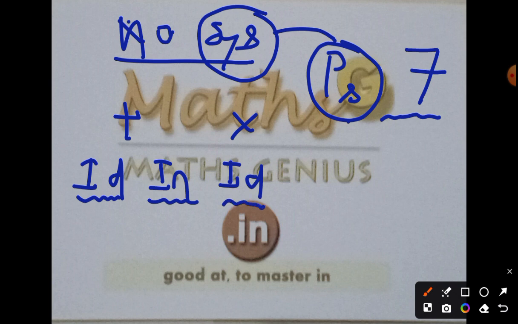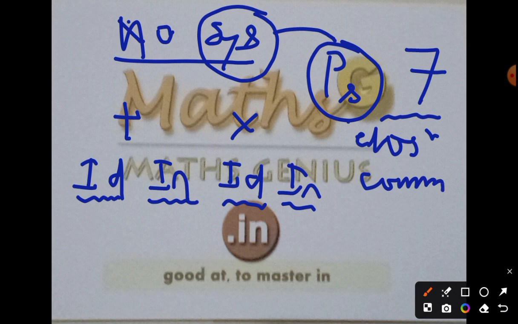So these are 4 properties. The other 3 are closure, commutative, associative. Every time I am writing half of the word, or the acronym of the word, so that later you will question yourself: what was this?